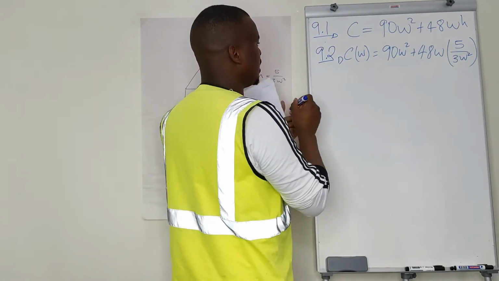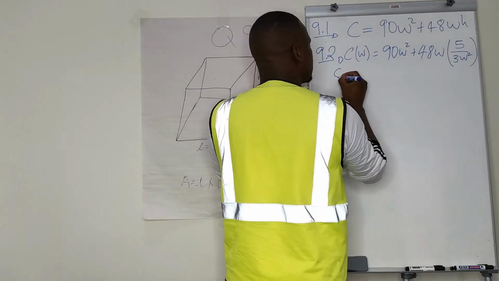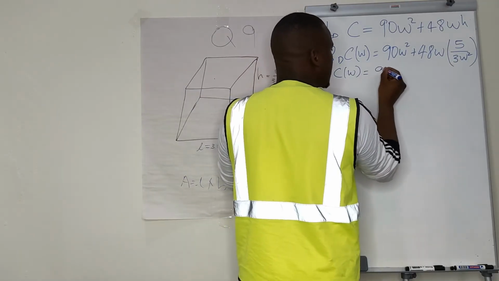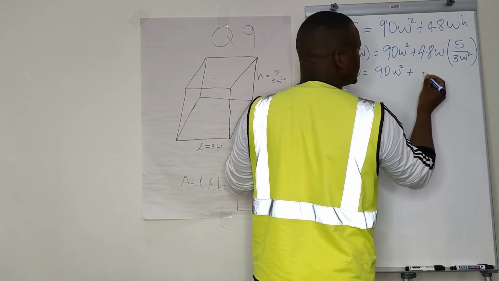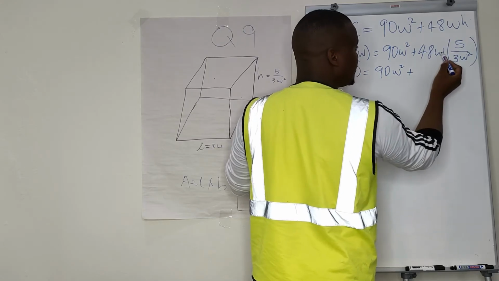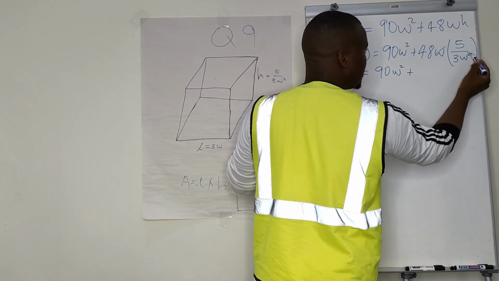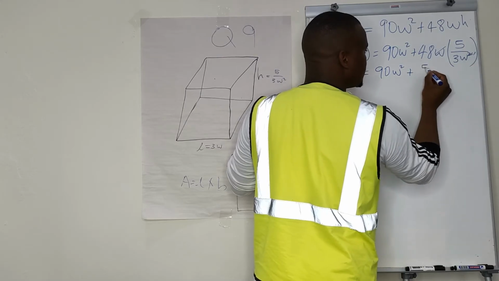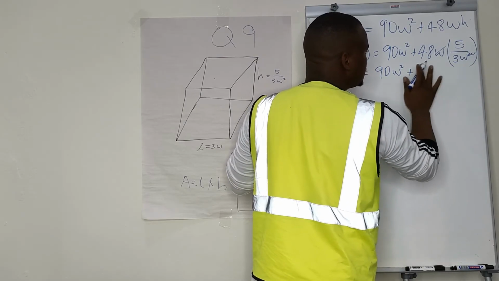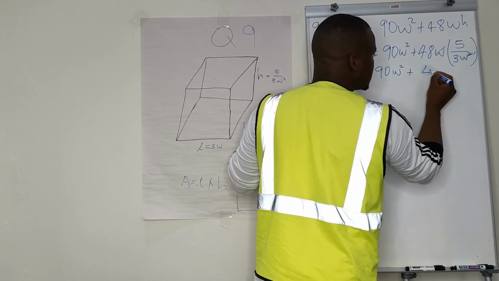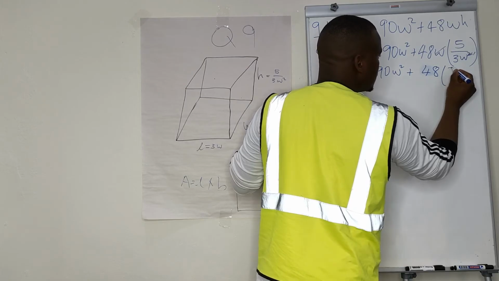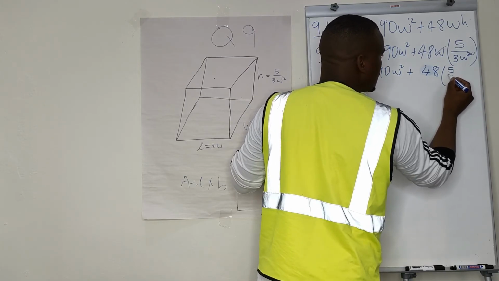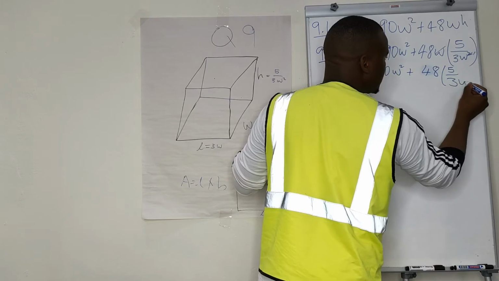So to do this, we say our cost as a function of w is equal to 90w squared plus 48 into 5 over 3w.